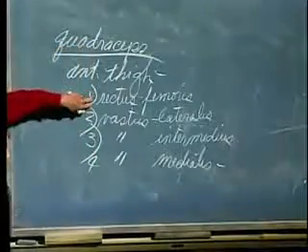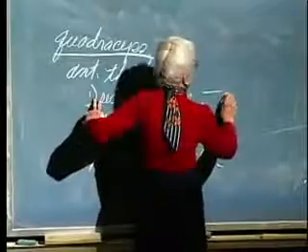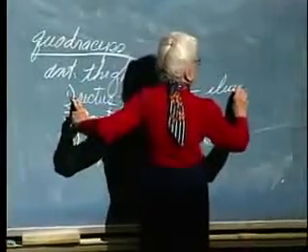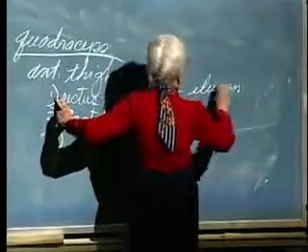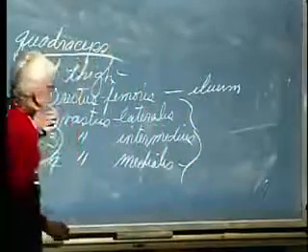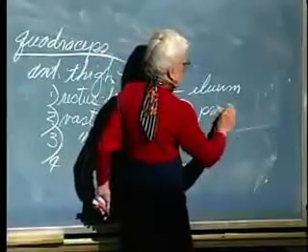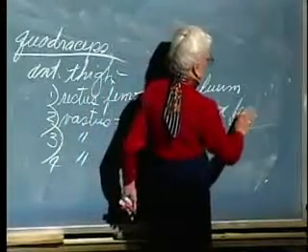The rectus femoris is coming from the ilium. The other 2 are coming from proximal femur.